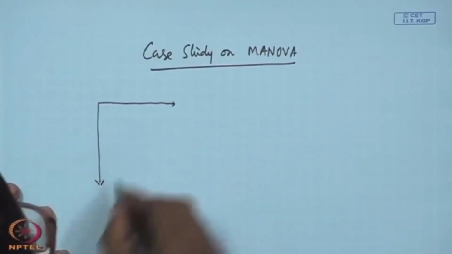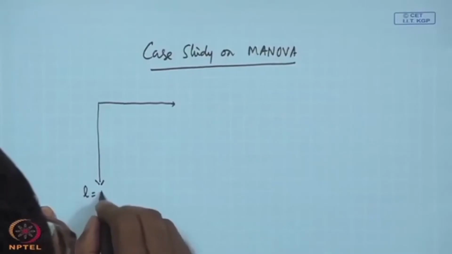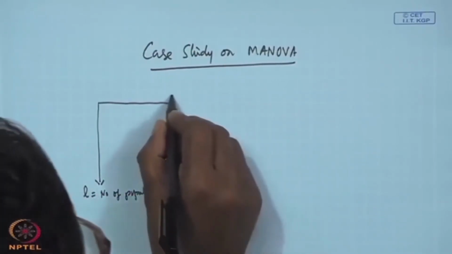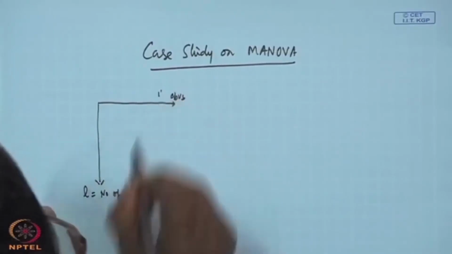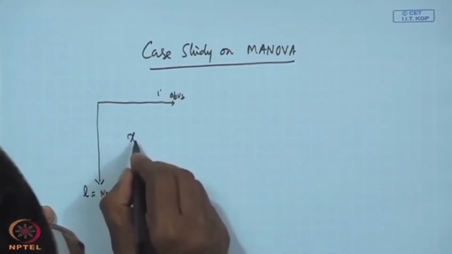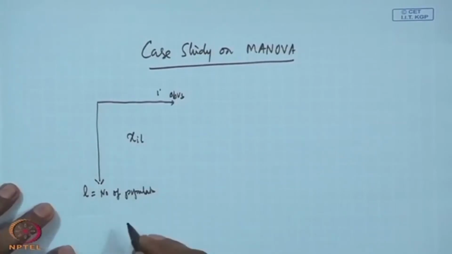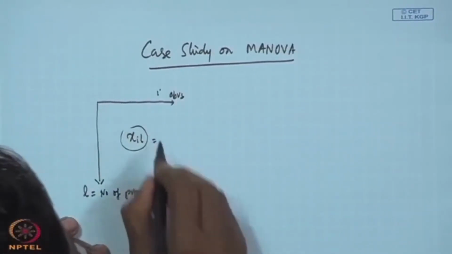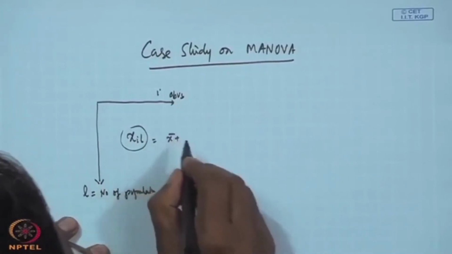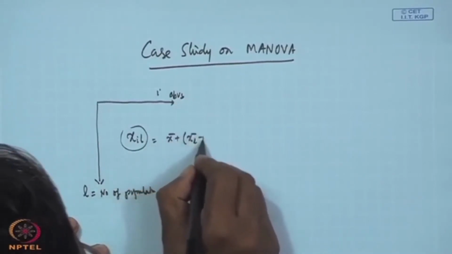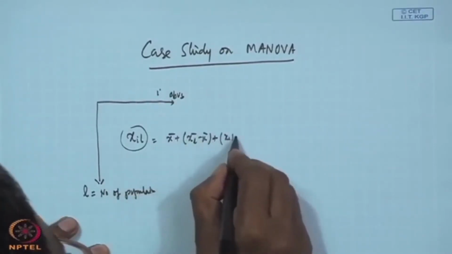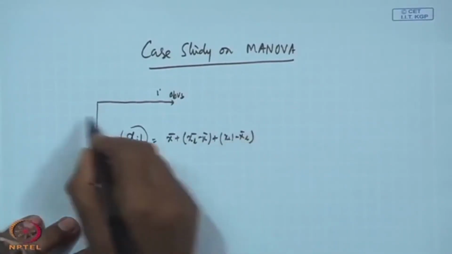Now, in ANOVA there is a small number of populations and different observations, and we have taken only one observation X_il, and then this observation is broken into X bar plus X_l bar minus X bar plus X_il minus X_l bar in ANOVA.